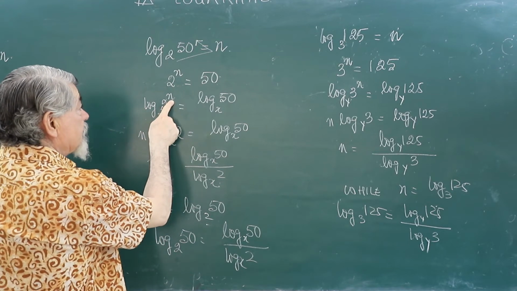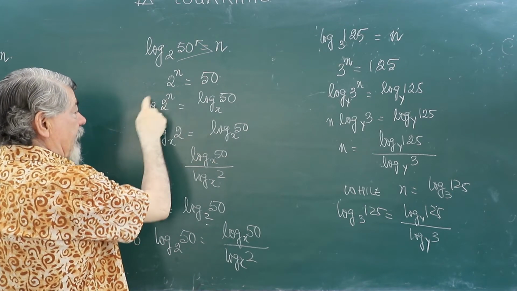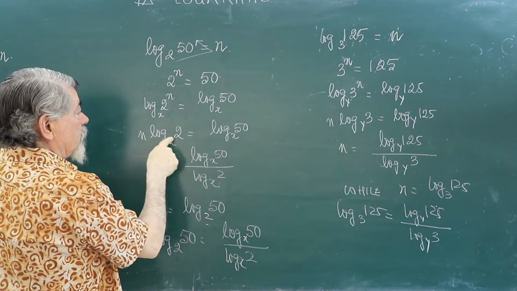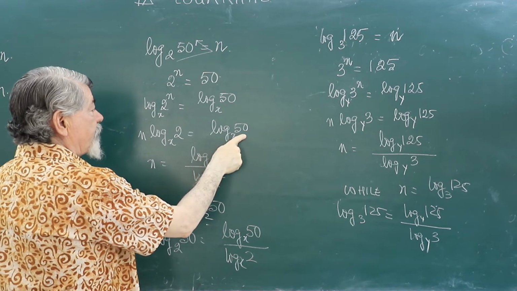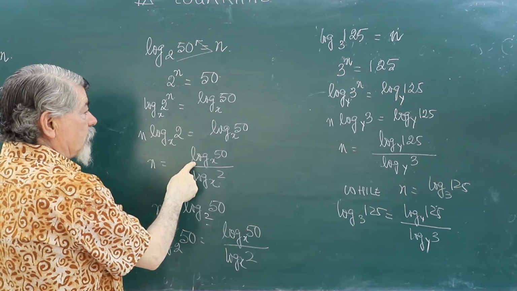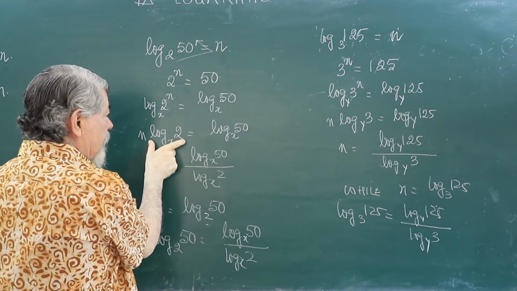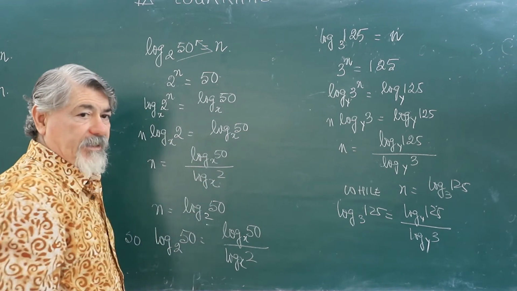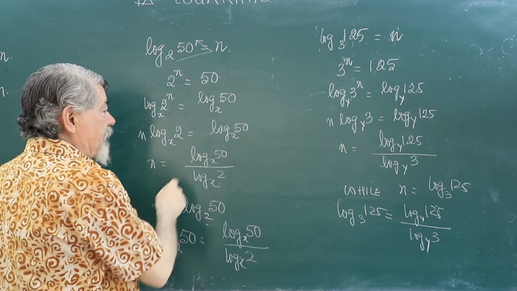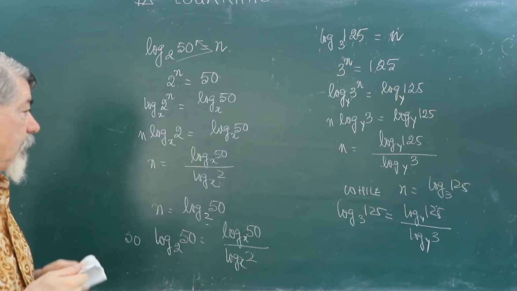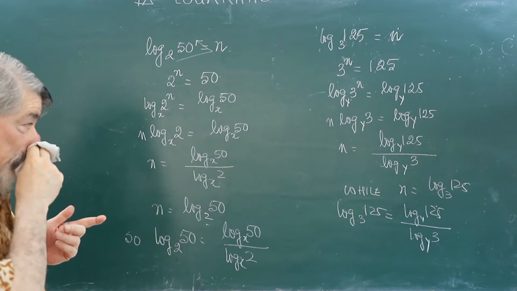Now, according to the power law, n will come in front: n log 2 to the base x is equal to log 50 to the base x. Or n will be equal to log 50 to the base x upon log 2 to the base x.